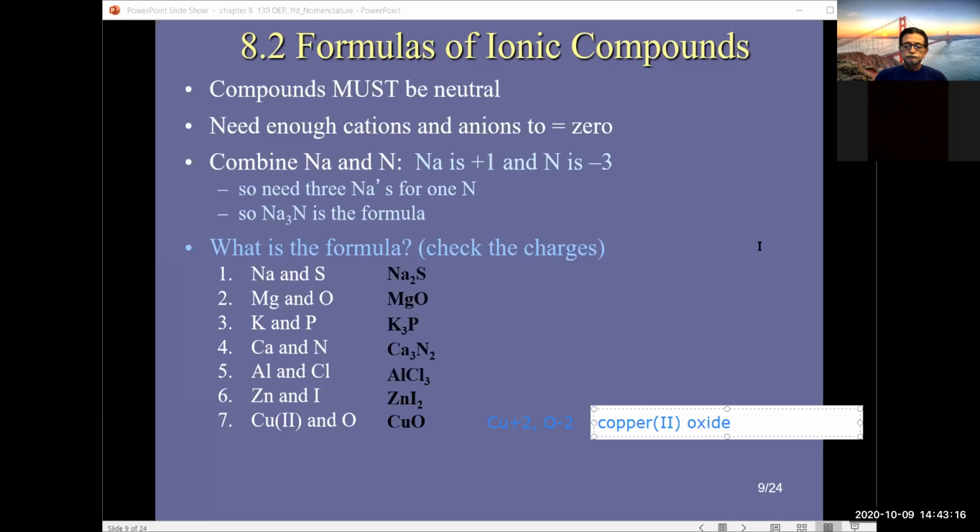Notice here we've been doing specific examples, but you probably already have access to 300-400 different compounds. Even though we used sodium with sulfide, you can hook it up with oxide, phosphide, nitride, the chloride, the iodide, or any of the polyatomic ions we talked about.